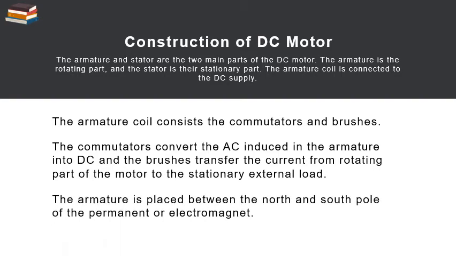The armature is placed between the north and south pole of the permanent magnet or electromagnet. For small machines, we can use permanent magnet, and for large machines, we can use electromagnets.